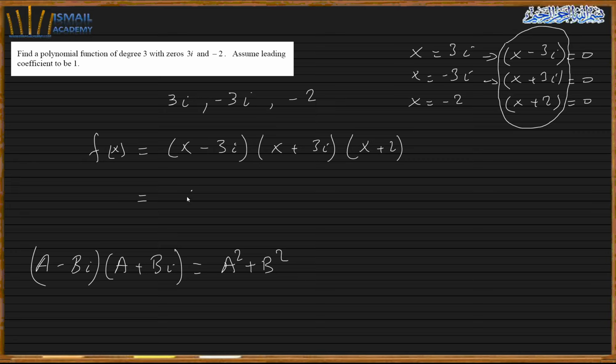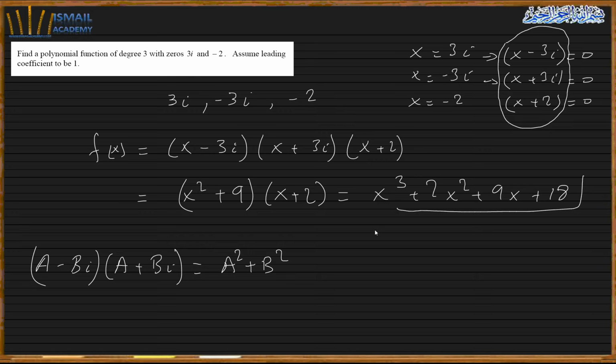So here it's going to be x squared plus 3 squared, which is 9, times x plus 2. Then I distribute, so I get x cubed plus 2x squared plus 9x plus 18, and this will be my final answer for that question.